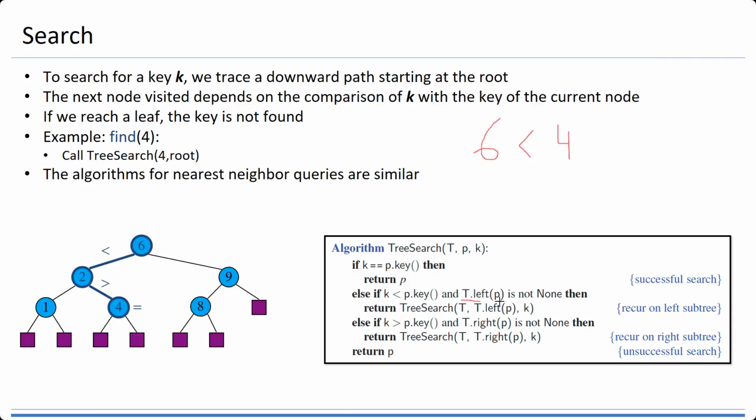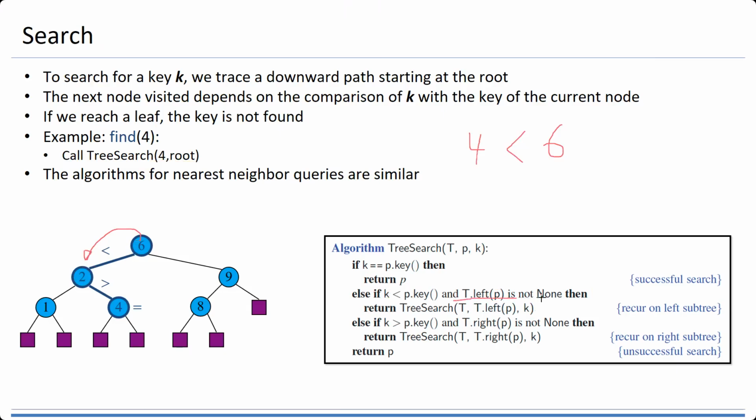And P.left is not null. So the idea is that if 4 is less than 6, we go to the left and check.